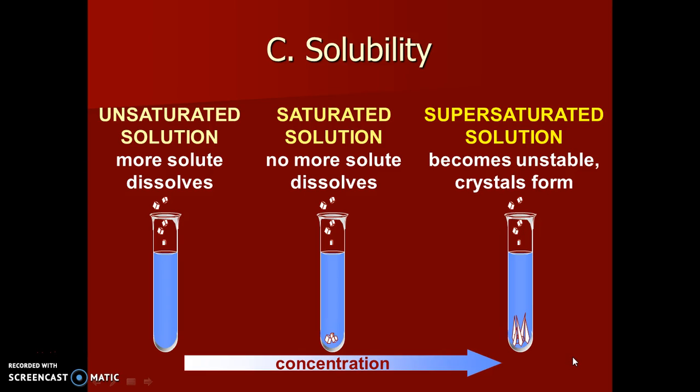Again, know these three terms as far as vocabulary goes and be able to classify different substances into those three. In the next lecture video, we're going to look at solubility curves and how we can determine if something is unsaturated, saturated, or supersaturated.